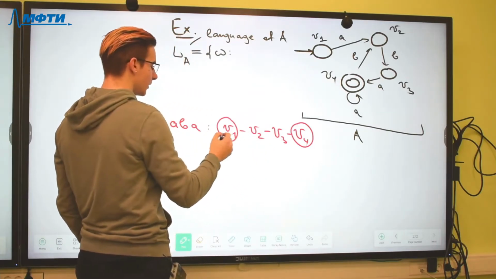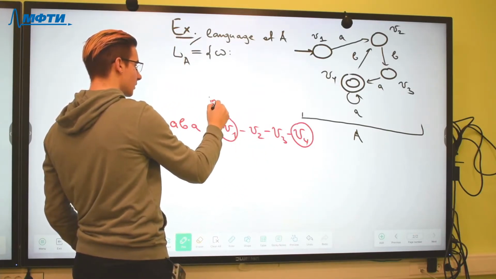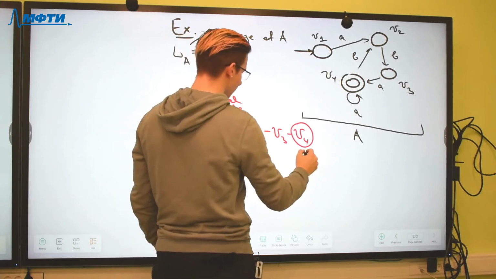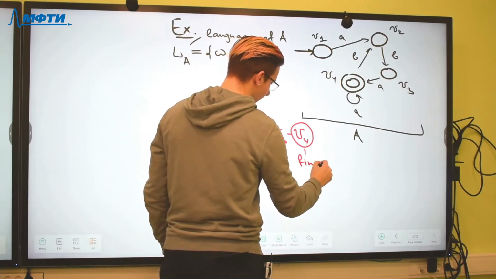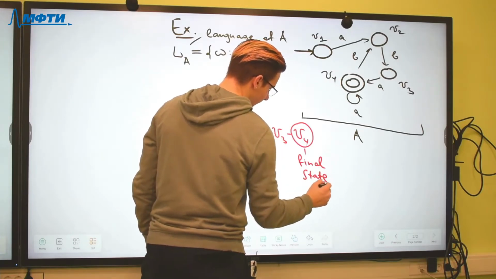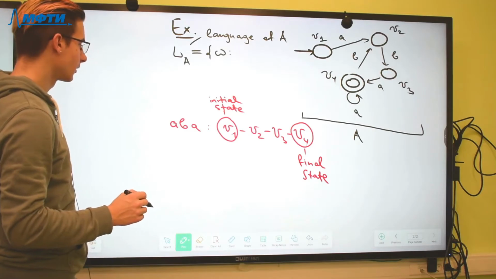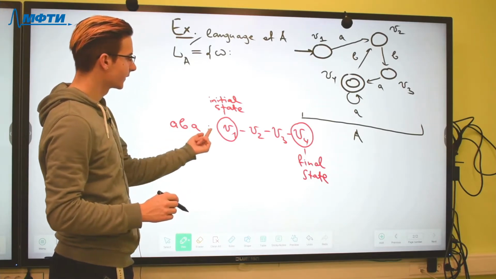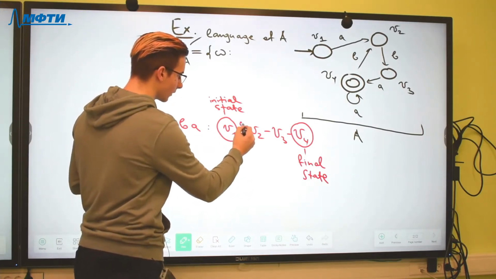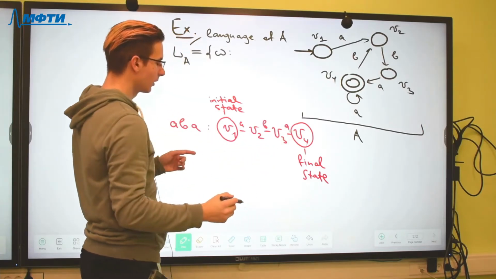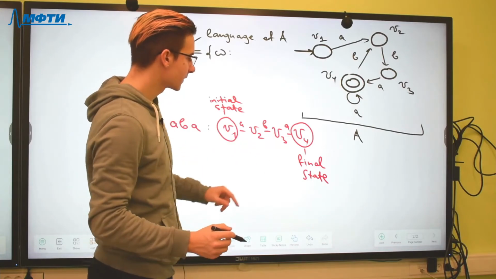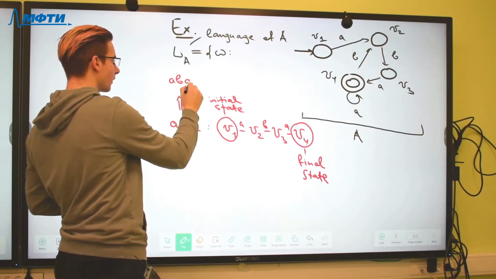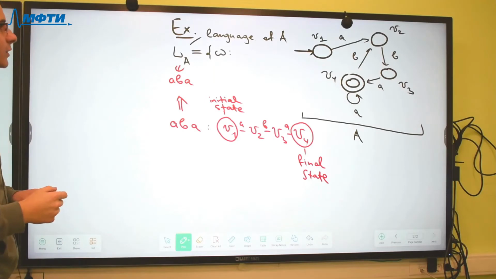So, if we see that it is the initial state and it is the final state, and using these characters we can start with the initial state and end with the final state, then we say that this word will be in the language of this automaton.